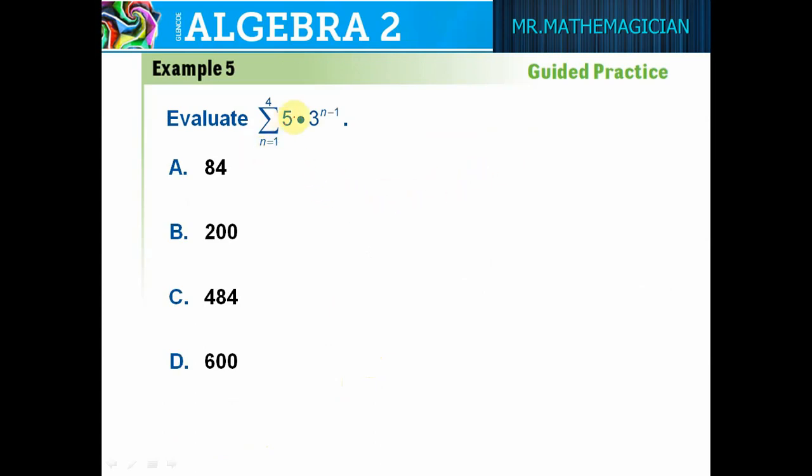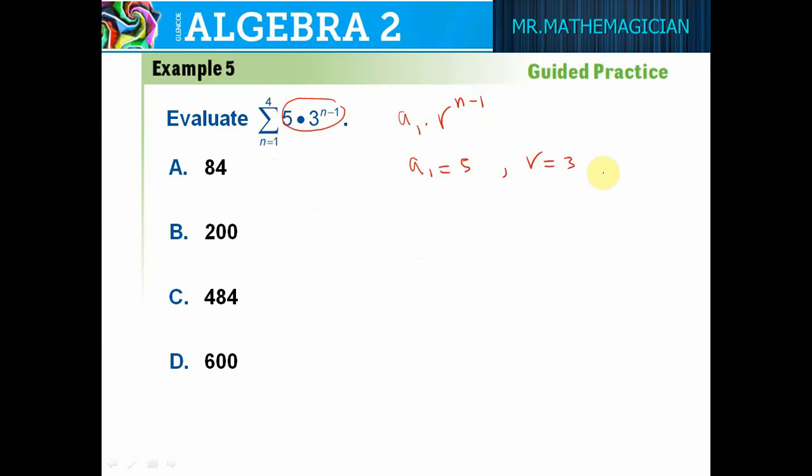Now try to solve this problem to discover whether it's A, B, C, or D. I'll solve it right now. I'll compare this one to A1 times R to the n minus 1. So it's clear that A1 is 5 and R is 3.